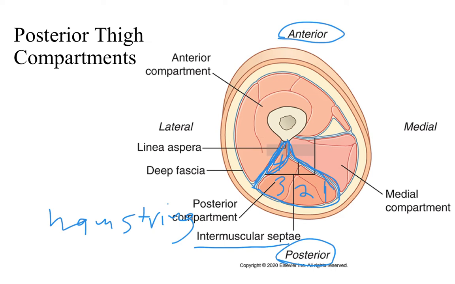We're going to cover it collectively with the adductor muscles, but realize that part of it does play a role here in the posterior compartment also. And notice that part is also invested within the fascia of the posterior compartment, so it really does act as a separate muscle from the other part of the adductor.